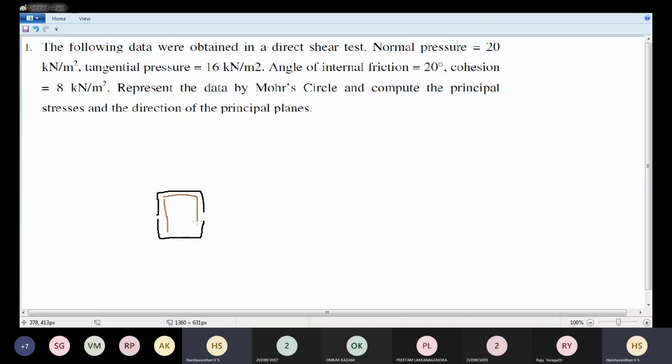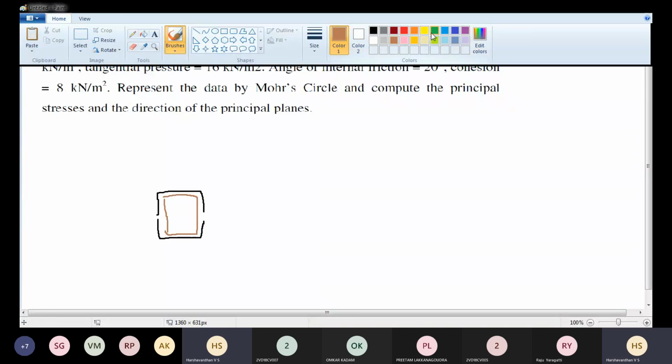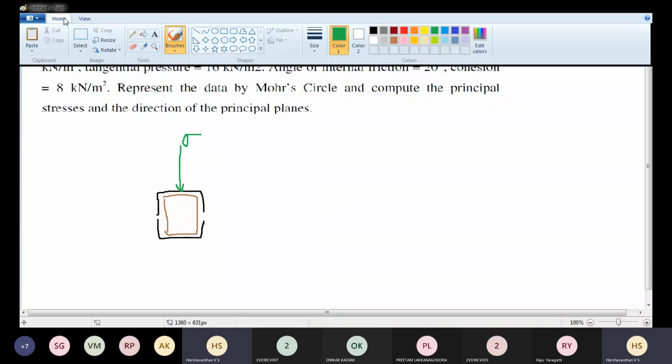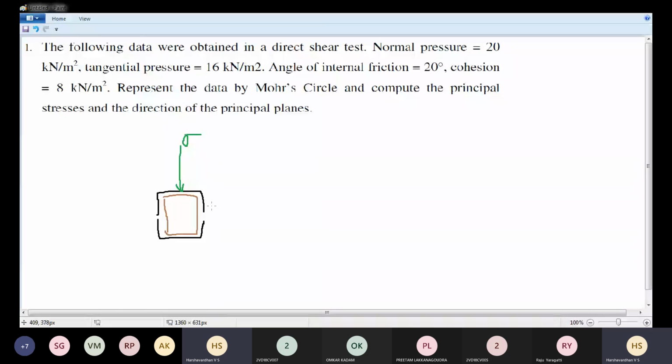This is our soil sample. And a constant normal load is applied. For the first trial, from the start to the beginning of the first trial, normal load or normal stress is constant. And we go on increasing the shear force.